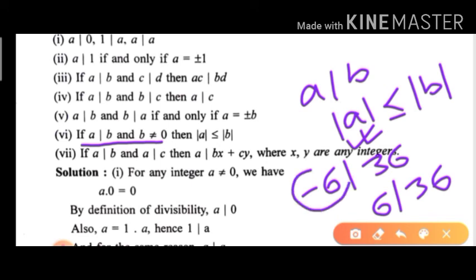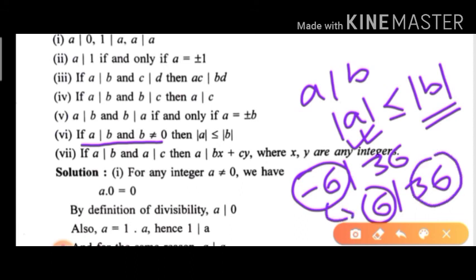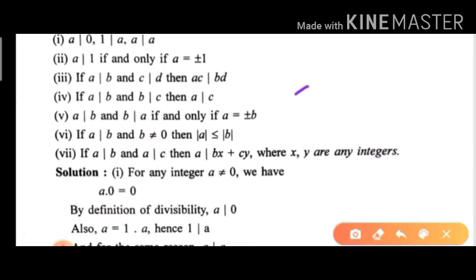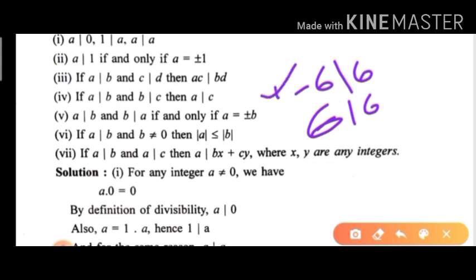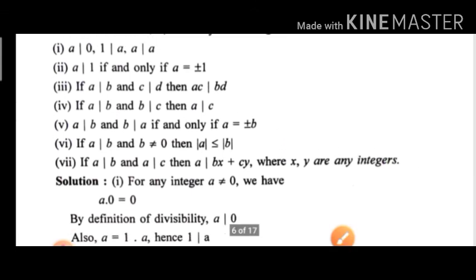So 6 and minus 6 are both at most 36 in absolute value. It can be 6 divides 6, minus 6 divides 6, and 6 also divides 6. So both minus 6 and plus 6 in absolute value are always less than or equal to 6.